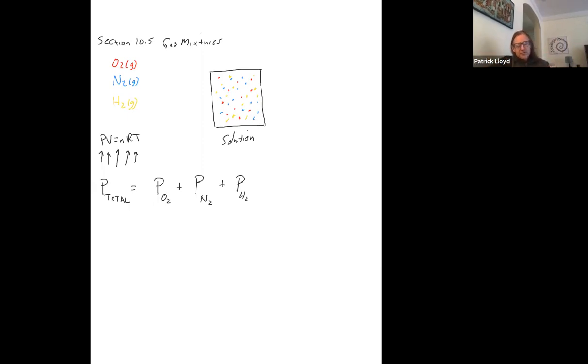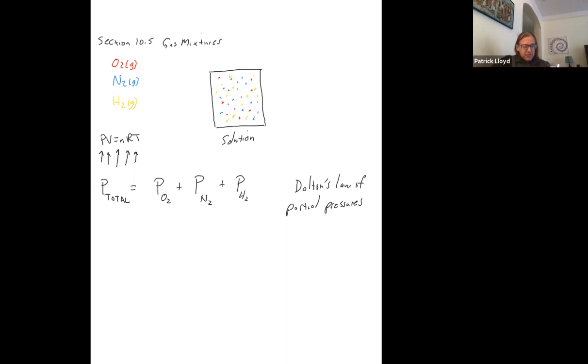And this is often referred to as Dalton's, named after John Dalton, law of partial pressures. What Dalton's law of partial pressures says is that if you have a mixture of gases, the total pressure of the gases is equal to the sum of the individual pressures.